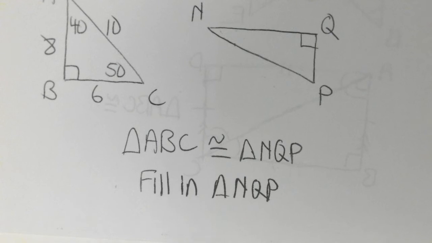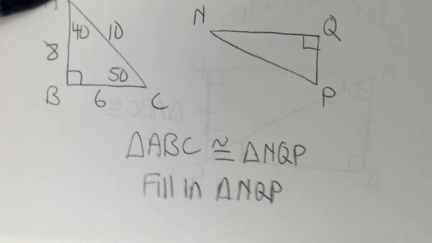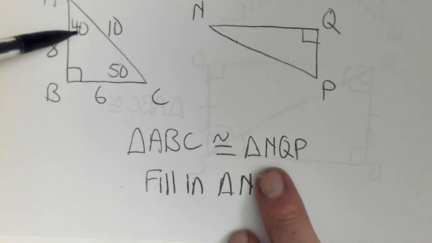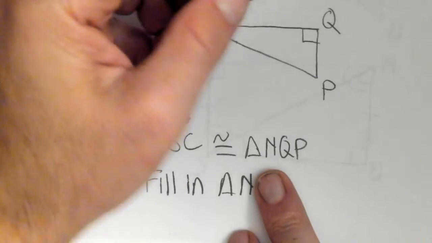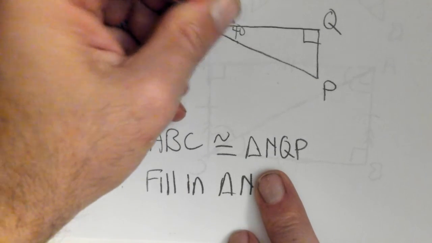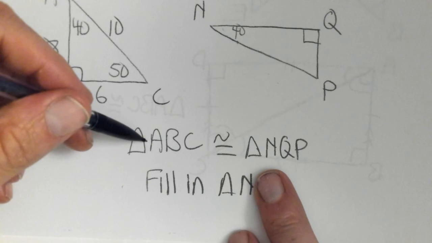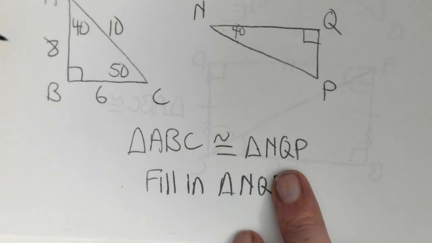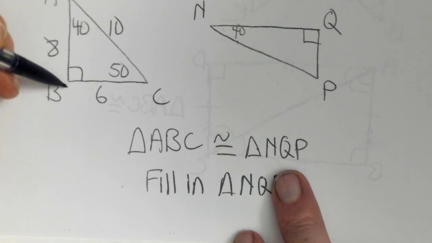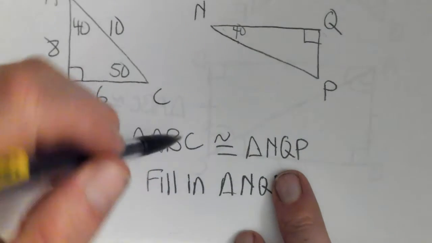Here's how it works. Angle A is 40. What does angle A match with? N. So angle N, guess how much it is? 40 degrees, because it matches in the triangle congruence. B is here, it's 90 degrees. What do you think Q is? 90 degrees.